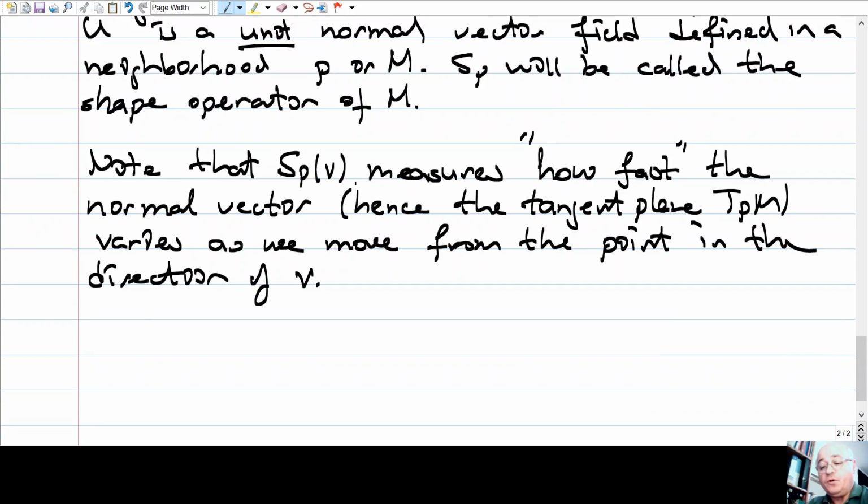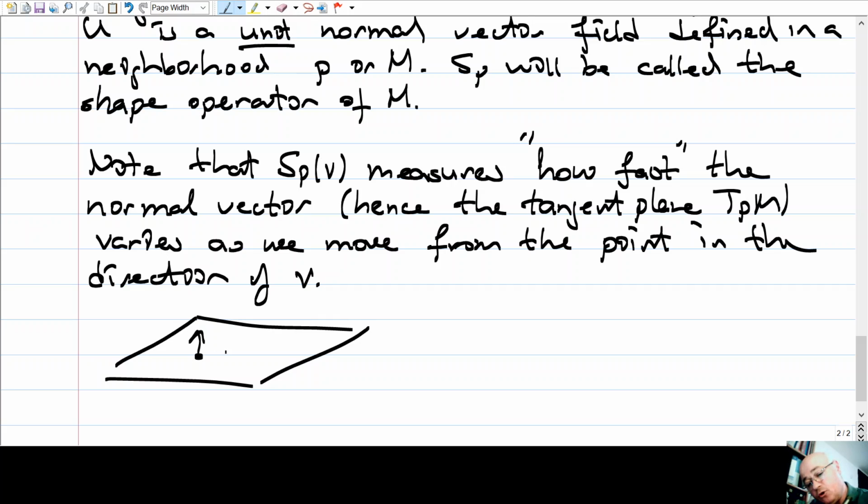So for example, for a plane, what would be the shape operator? Well, on a plane, you are at this point, these are your normal vectors. If you move in any direction v, the normal vector won't change because there's a unique normal vector. Therefore, the change is just zero.